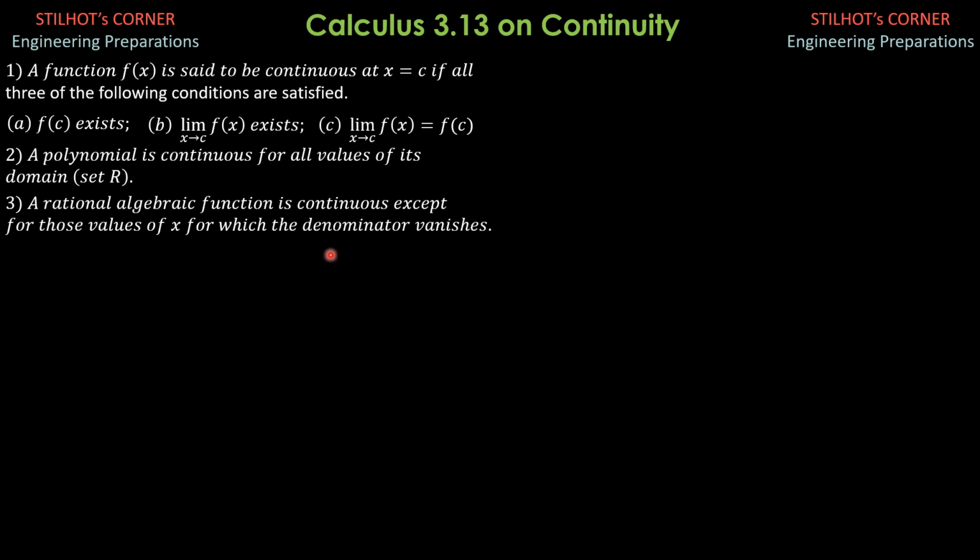So the rational algebraic function is continuous only except for these values of x for which the denominator is 0. So that's that idea. So if there is no denominator, then the function has no points of discontinuity.